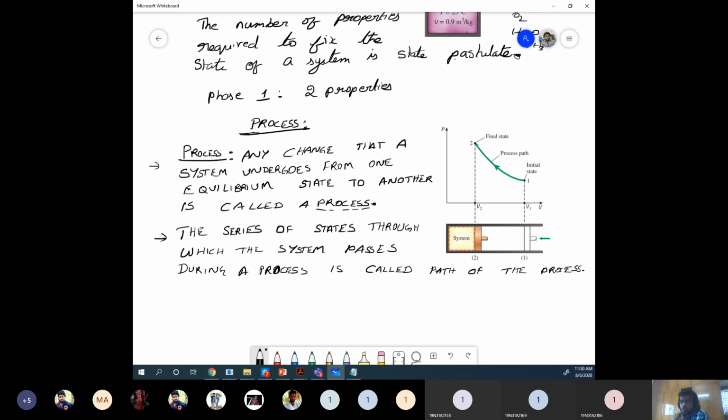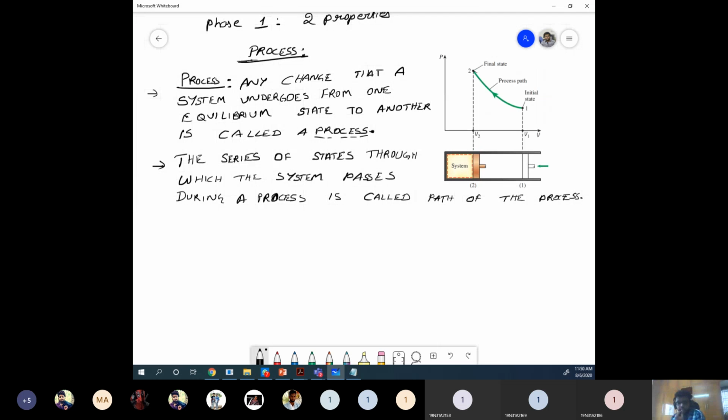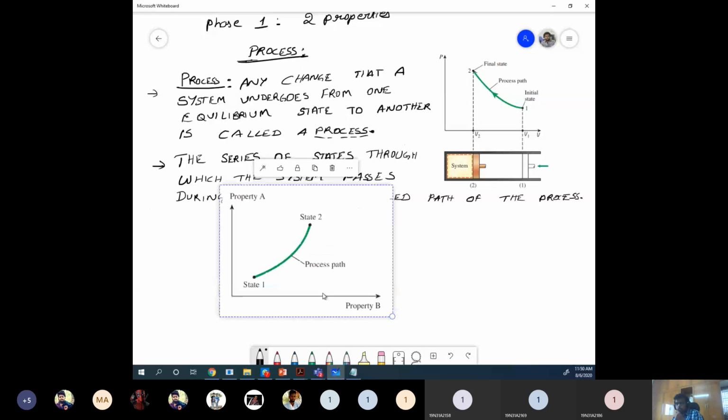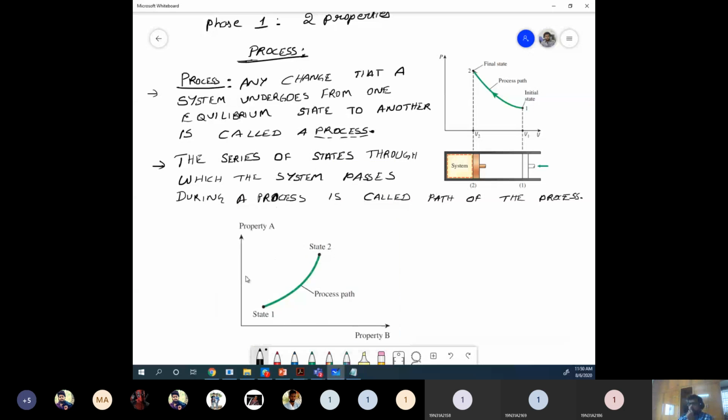As I said, this plot can be anything like this. Let me bring out another one. If you take a system, you can take any two properties. It can be P or T or density or anything.